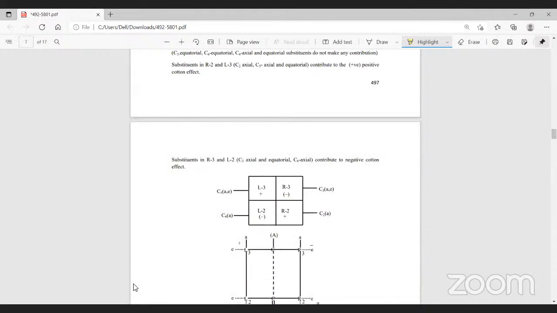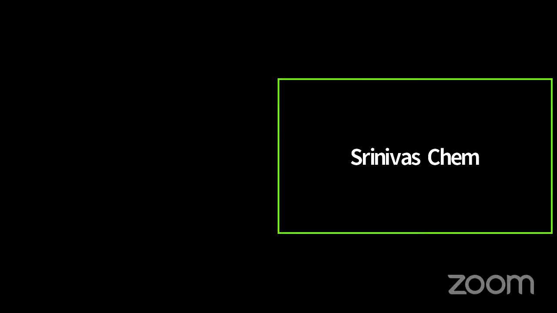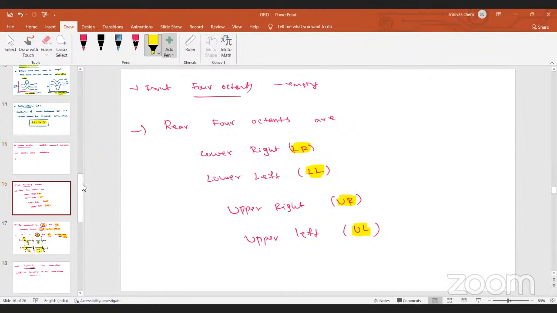The rear 4 octants are designated as lower right (LR), lower left (LL), upper right (UR), and upper left (UL).